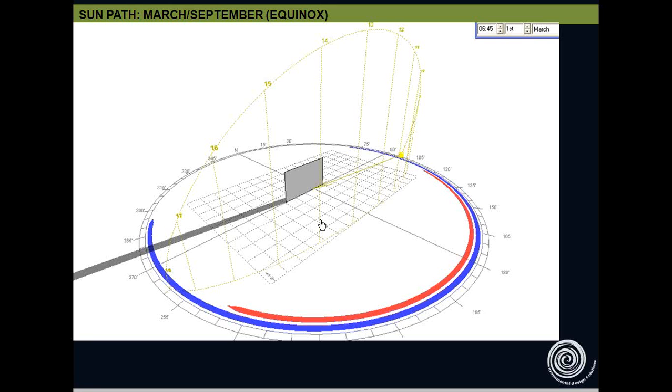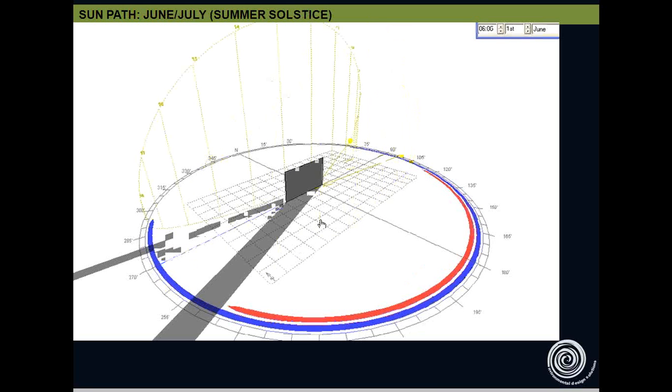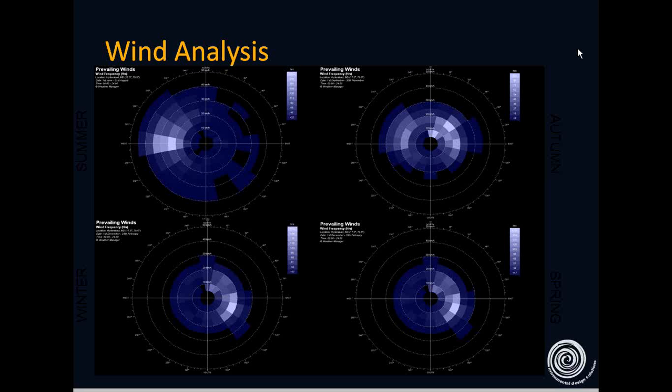Then there is also the wind analysis. So first you have done the solar analysis, then the wind analysis. These are windrose diagrams that tell you the prevailing wind direction and their speed, so you can design your building for natural ventilation.